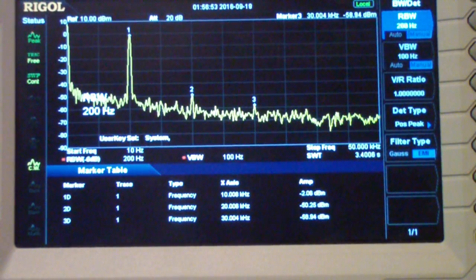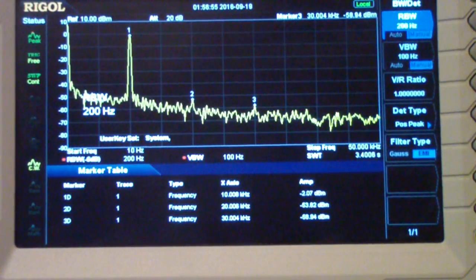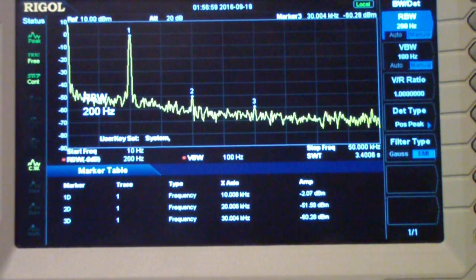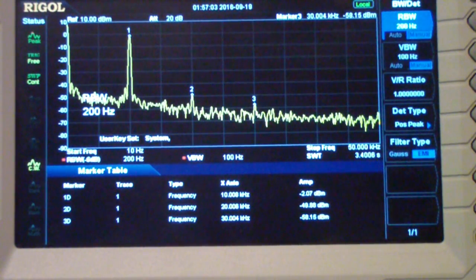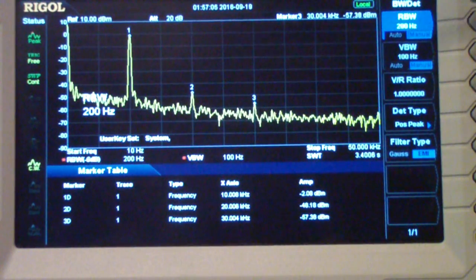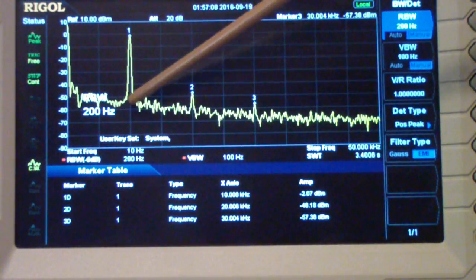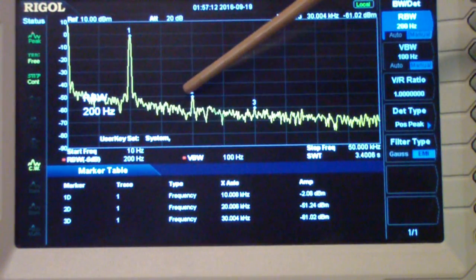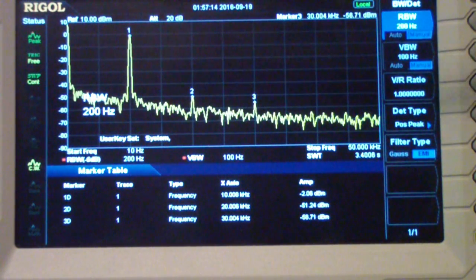I've jumped ahead a little bit to looking at the spectrum of a 10 kilohertz sine wave. In this case, I'm also using the Analog Discovery 2. You'll notice here is the 10 kilohertz fundamental. This is the second and third harmonic.